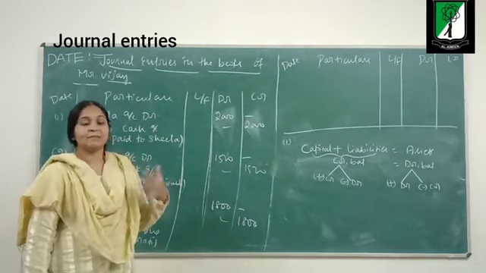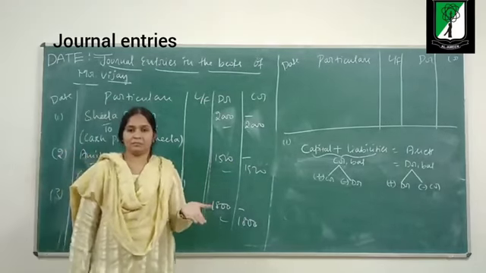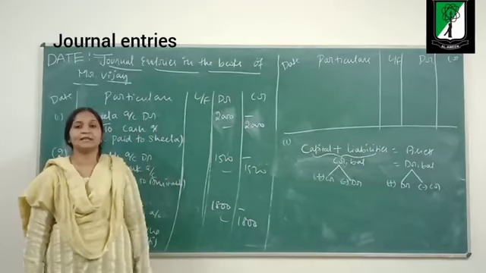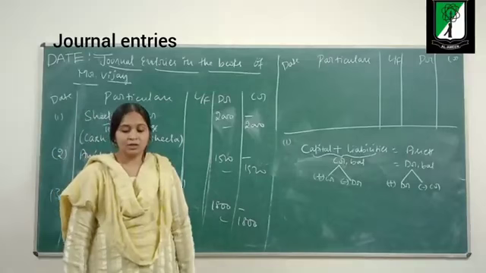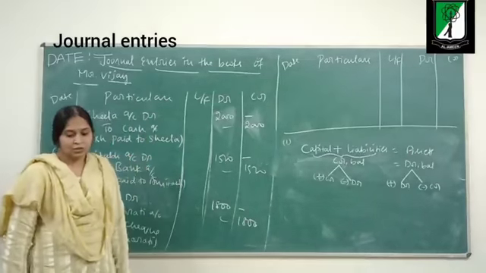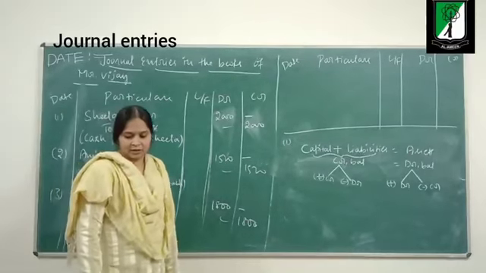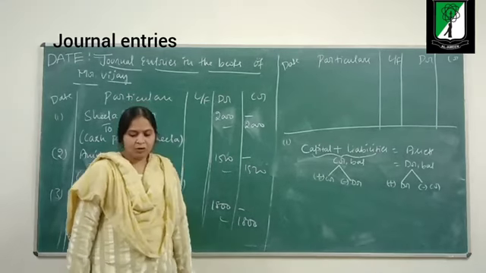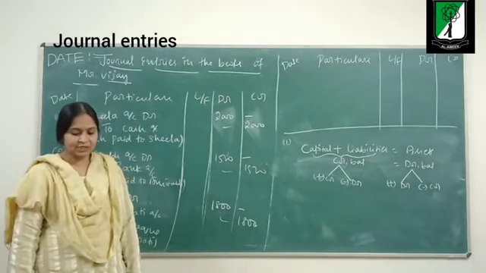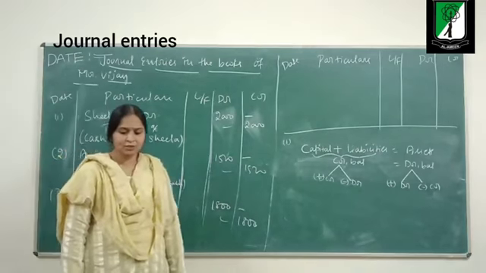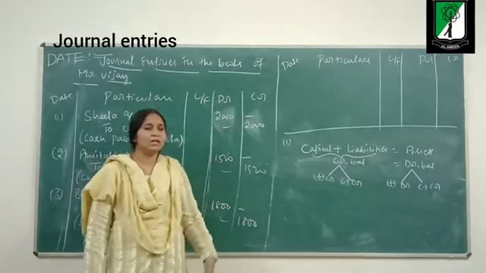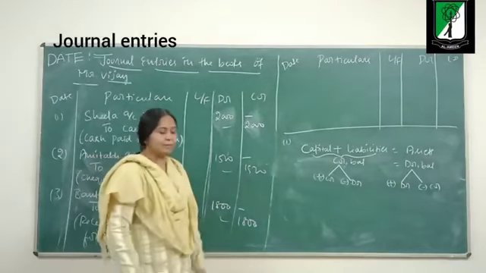Okay, business is making payment to Amit rupees 1150 in full settlement of rupees how much? Rupees 1200. Okay, so what is happening in this transaction?